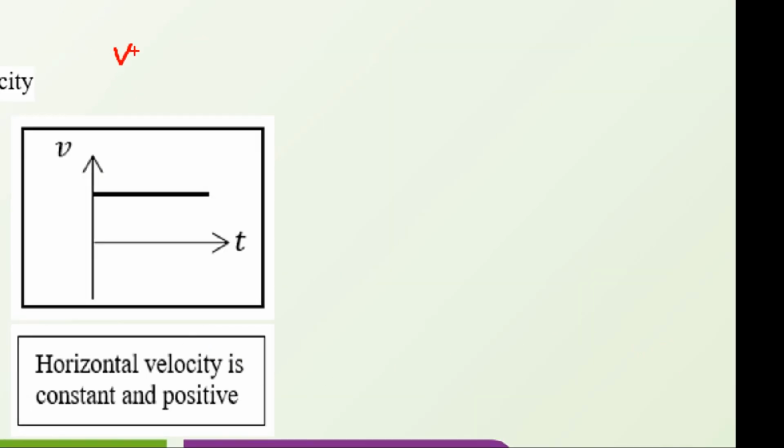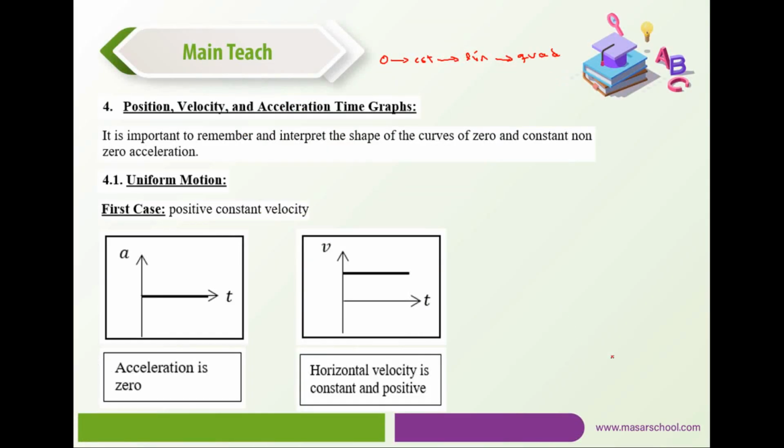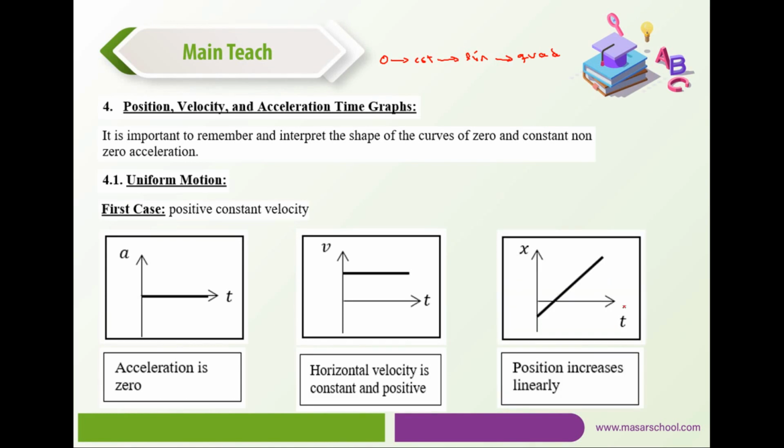Because the velocity is 4 meters per second, which means that the position each second is going to increase or decrease by 4 meters. In this case it's an increase, so this means it's a linear relationship. Then the shape of the curve would be a straight line, and it's either going to be like that or like that. Velocity is positive, which means it is increasing, so the shape of the position would be something like that.